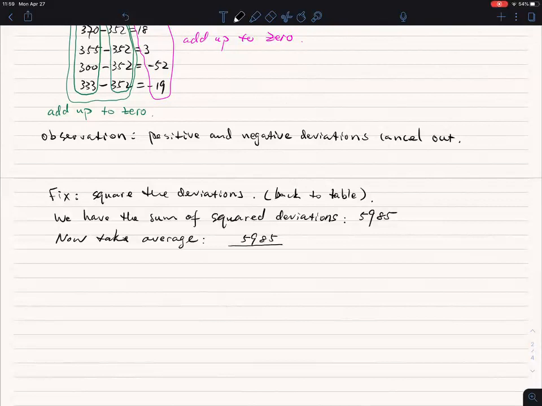but I'm not going to do it by 5 here. By 5 is a good answer if we are considering the data set as a population. But in this chapter, we consider our data sets as a sample.